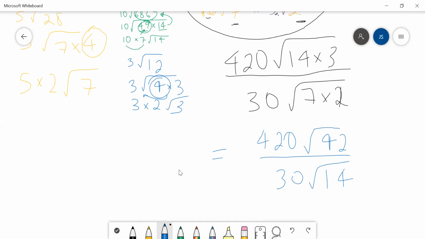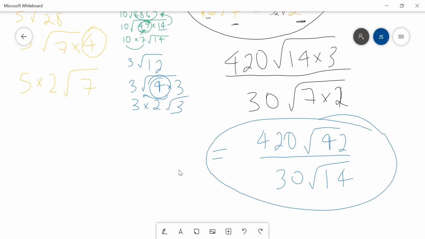I don't think it is divisible by any square numbers. I'm just trialing. I did 2. I did 4. Now next one is 9. What's next? 16. And that's about it, I guess. So I can't simplify this any further, and this is the most simplified fraction.